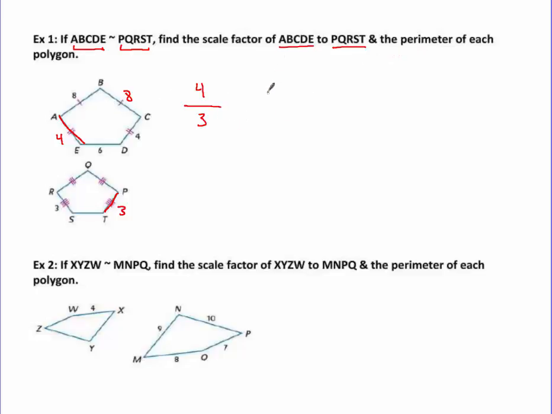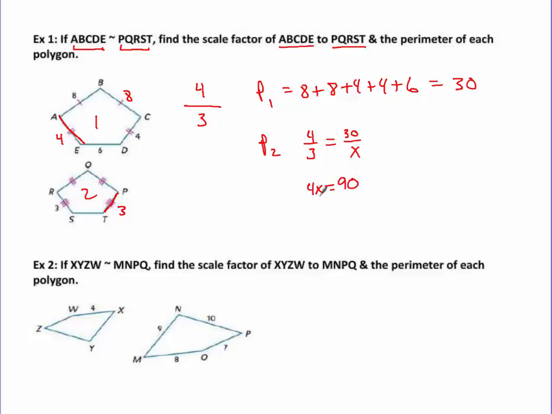So for ABCDE, we'll call this number 1 and this number 2. So perimeter of the first one is 8 plus 8 plus 4 plus 4 plus 6, which is 30. Now the perimeter of the second one, we can use our scale factor, and 4x equals 90, divided by 4.